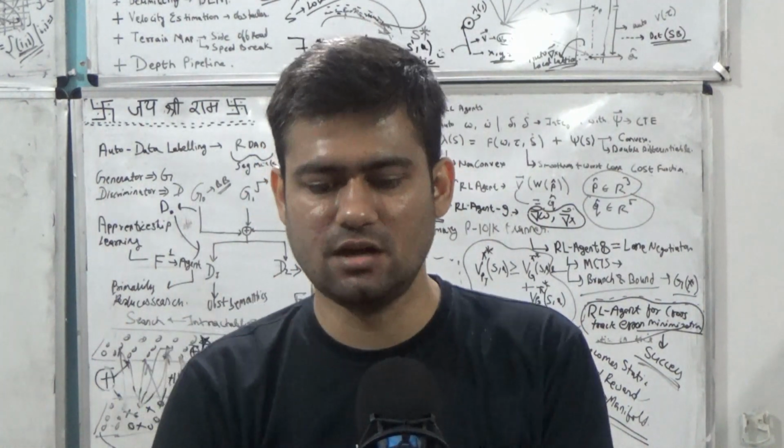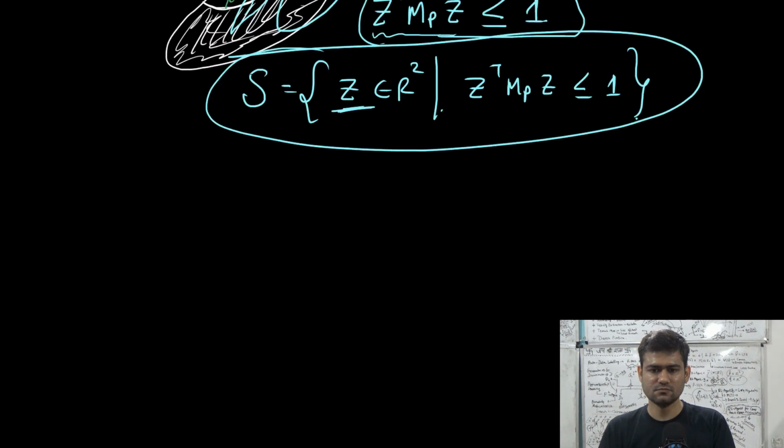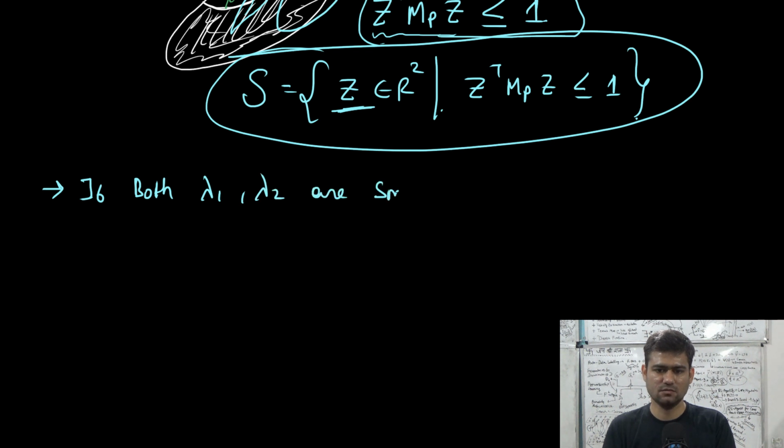So essentially, if both the eigenvalues, lambda 1 and lambda 2, are small, then this is a flat region, meaning this is neither a corner nor an edge point.